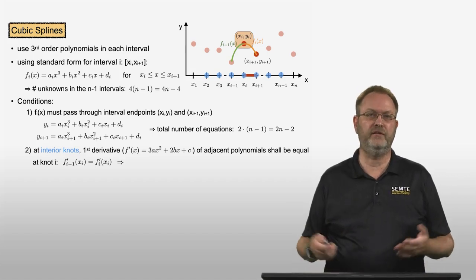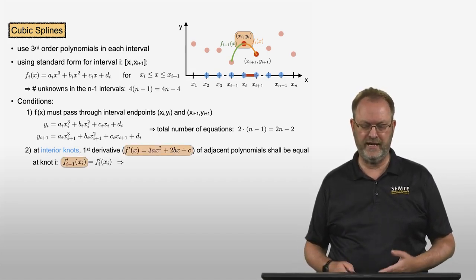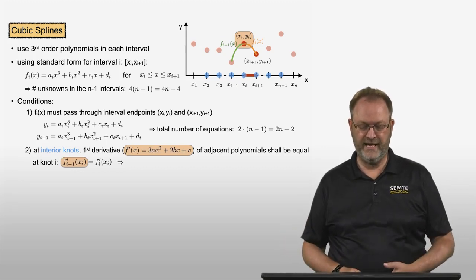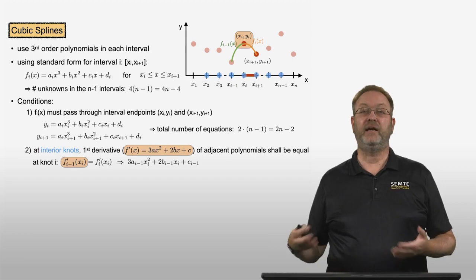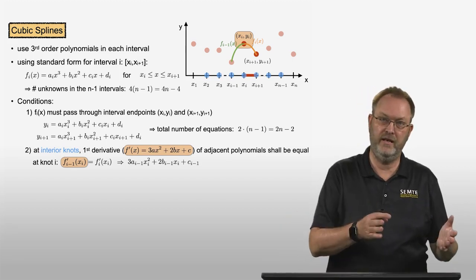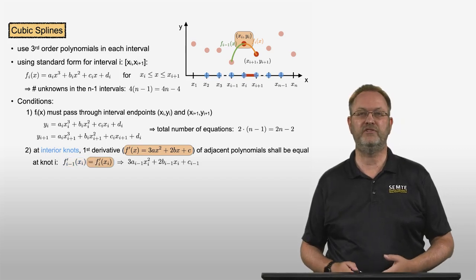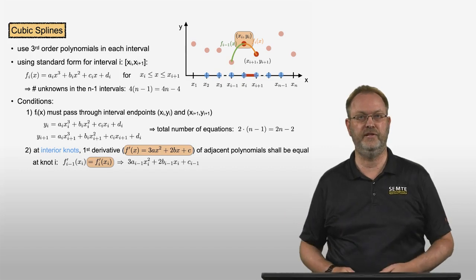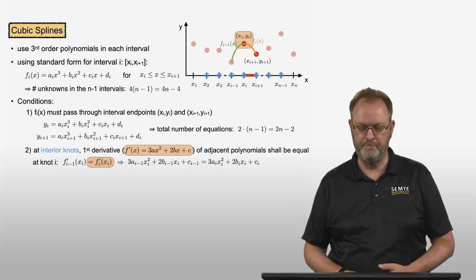If I calculate the first derivative of the cubic polynomial, I get 3a x^2 + 2bx + c. If I plug the point xi into this formula for the left subinterval, that has to be equal to the derivative evaluated from the right subinterval at the point xi.